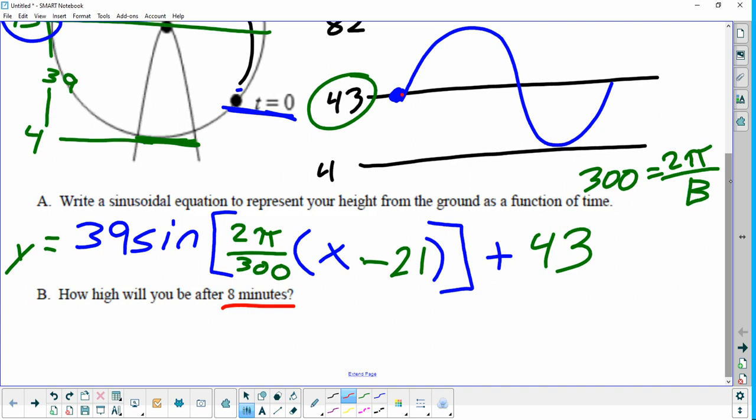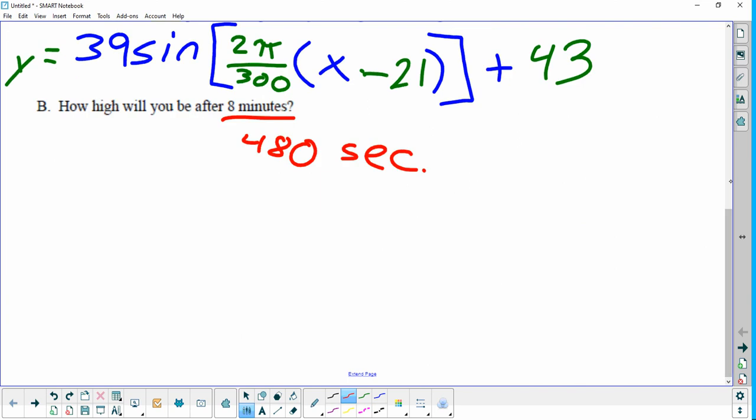So 8 minutes to seconds, 60 times 8 is 480 seconds. That's what we're plugging into this equation. You could graph it and read it off your graph, or you could just plug it in. You don't have to make the graph for this. You could just plug in 480 seconds. That's just our x value.